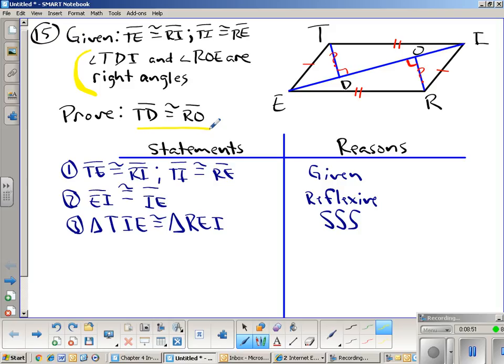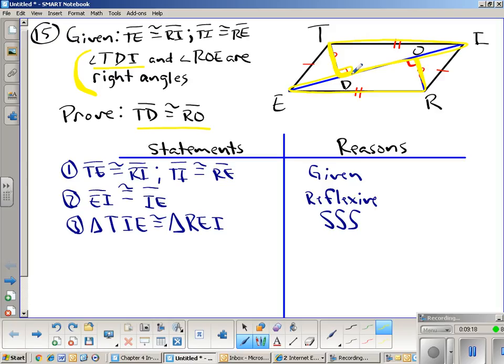RDE, okay? The fact is that will work. But it would be a little easier if we look at these two. Only because the statement says angle TDI, which is this angle.